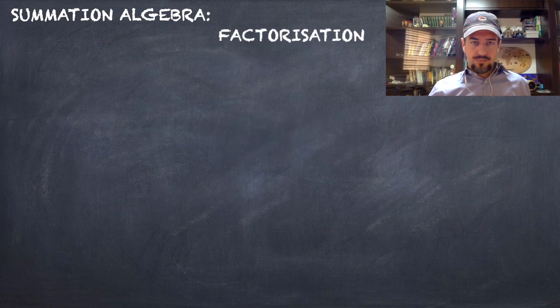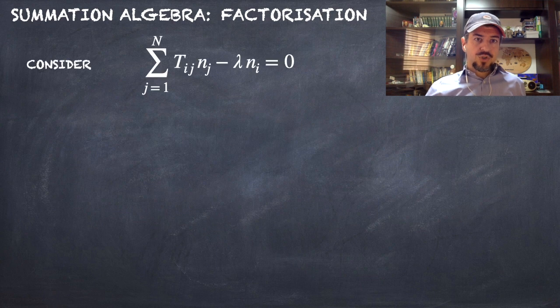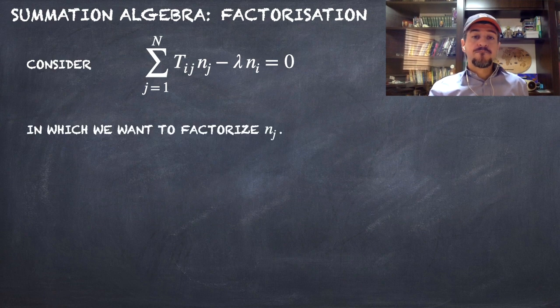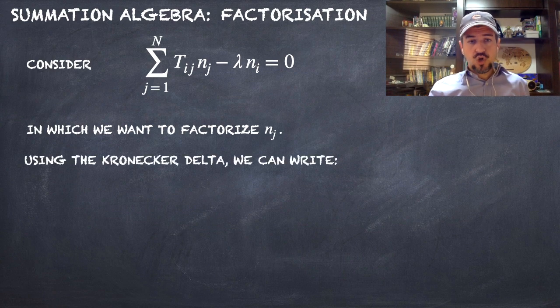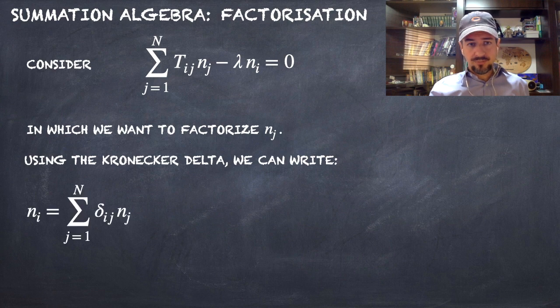And factorization. Consider this equation, the summation of T_ij n_j, j from 1 to n, and one of the n terms here, the n_i. And we want to factorize n_j. So we will use the Kronecker delta, and we will write that n_i is equal to the summation of this product here, delta_ij n_j.